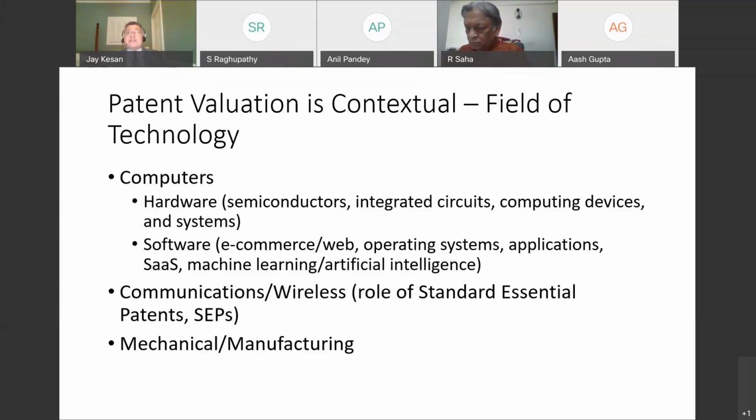Those patents very often come in very large portfolios, so each patent may not be valuable, but the portfolio is still going to be reasonably valuable. But the biggest driver is the fact that the technology is widely deployed. So you have millions and billions of phones using the patented technology.